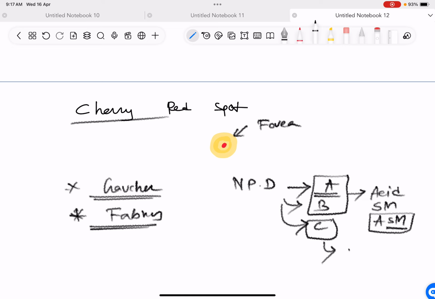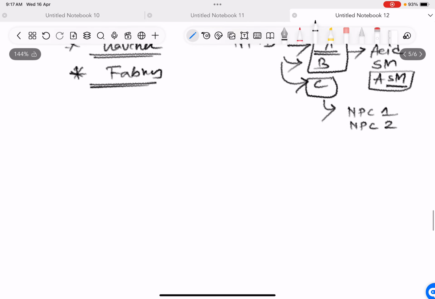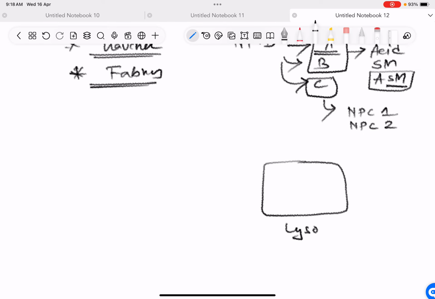Type C is due to deficiency of the genes responsible for the production of proteins that carry unesterified cholesterol. Suppose this is a lysosome. Inside the lysosome, this box is your unesterified cholesterol. This unesterified cholesterol has to be transported out of the lysosome.